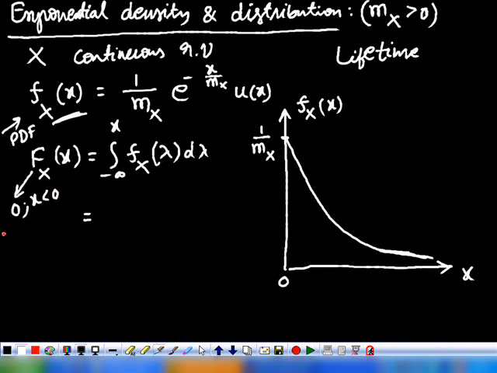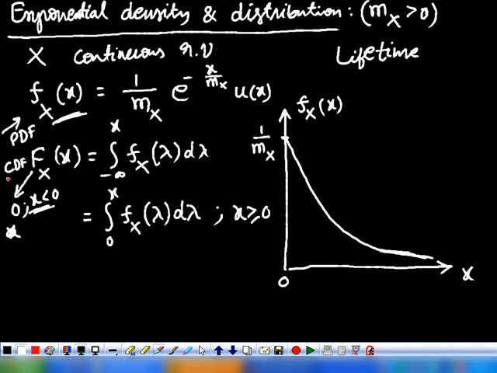Now we have to take the case for x greater than or equal to 0. For x greater than or equal to 0, we can write it as the integral from 0 to x of fx of lambda d lambda. Obviously, from the given function, the CDF is 0 for x less than 0.